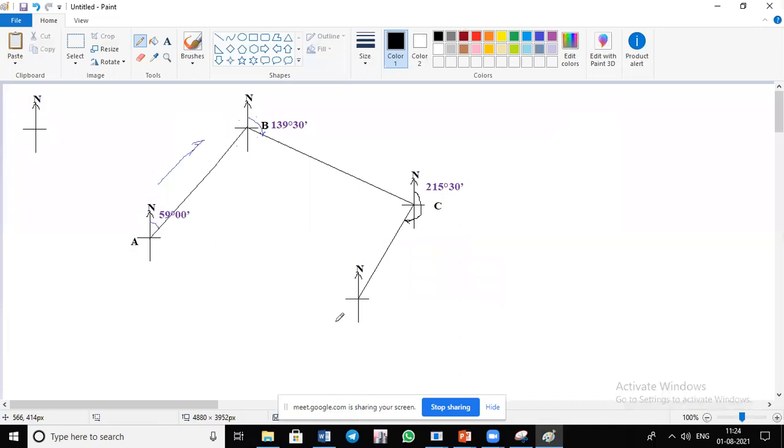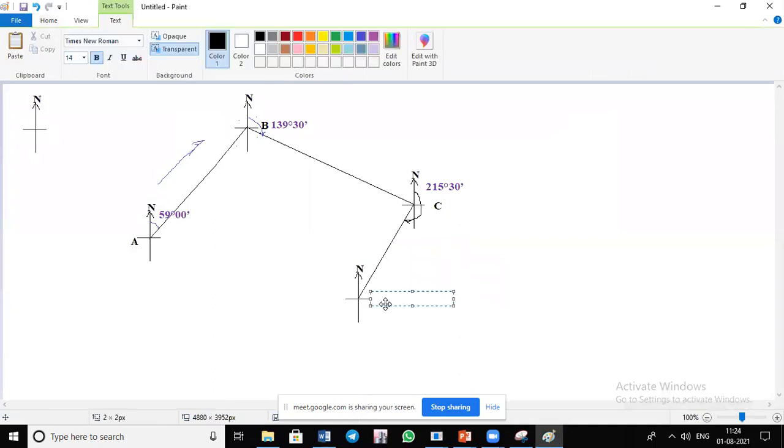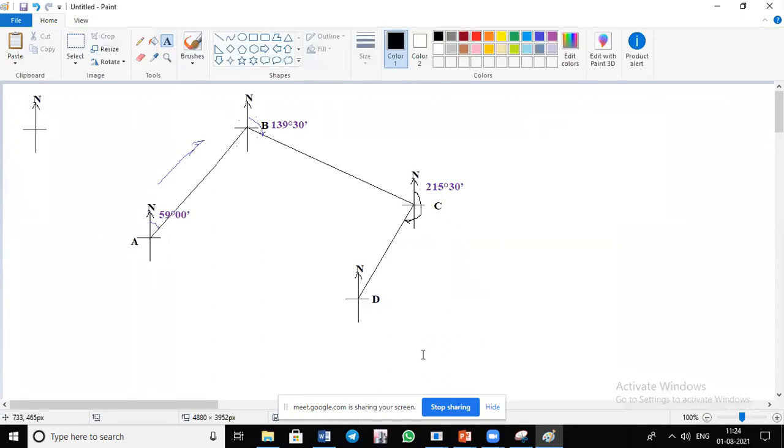Next is the DE line, 208 degrees. This is the position of the station where we have kept the prismatic compass, it is D. Next, it is 205. Again, I want to join it.